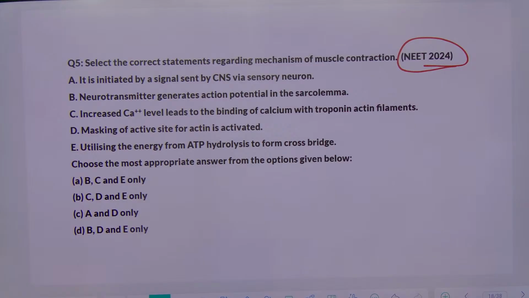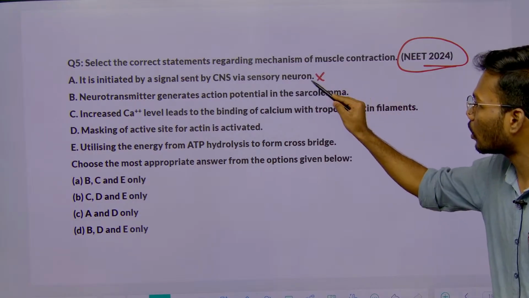It is not sensory neuron, friends, it is motor neuron. From the central nervous system, all the information will come via motor neuron only. From muscles or from tissues, all the information will go to the central nervous system via sensory neuron. That was the exact difference, right? So it was the wrong statement.